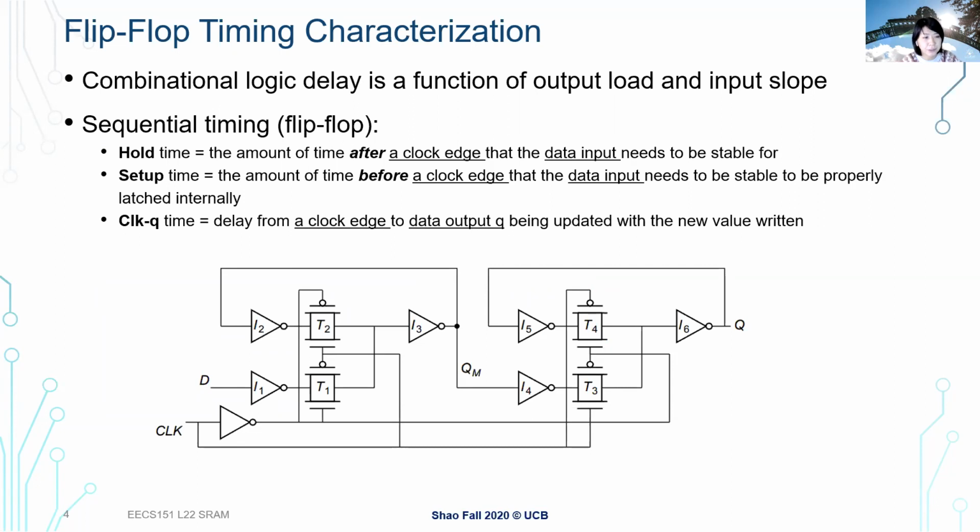Specifically, between the input and the clock, the first timing constraint is what we call hold time. It's the amount of time after our clock edge during which the data input still needs to be stable so that our output can be fully charged or discharged to get the right output. So that's hold time, which happens after the clock edge.